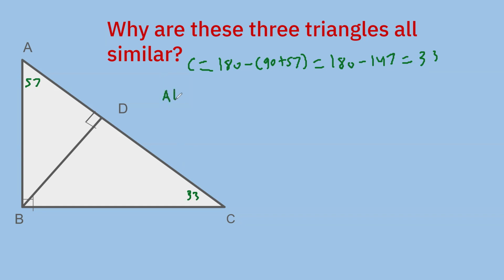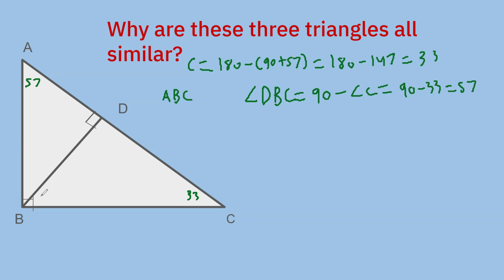Right. Now let's find the other angles in the smaller triangles and see what happens, right? So let's find DBC. Angle DBC equals 90 minus 33. 90 minus angle C, so 90 minus 33, which gets us 57, right?